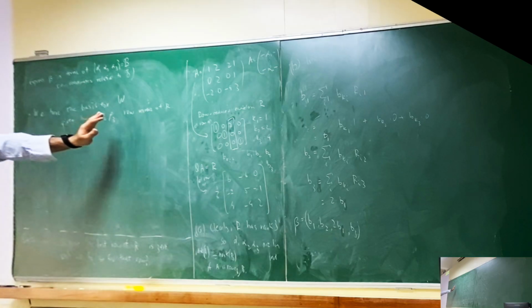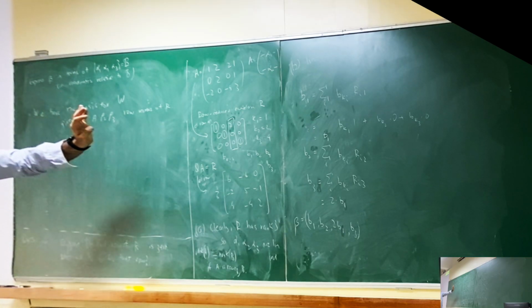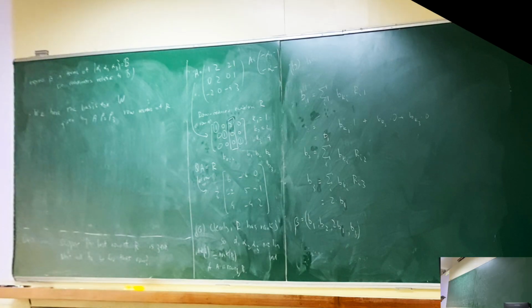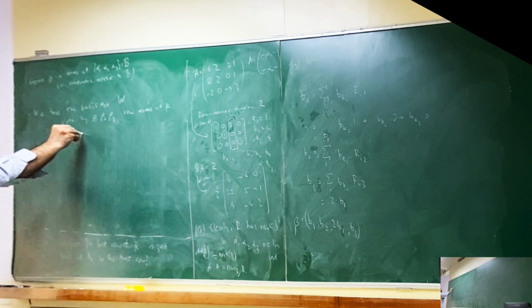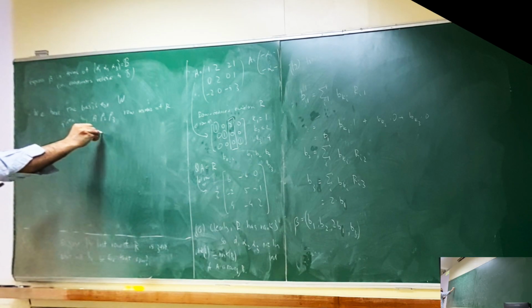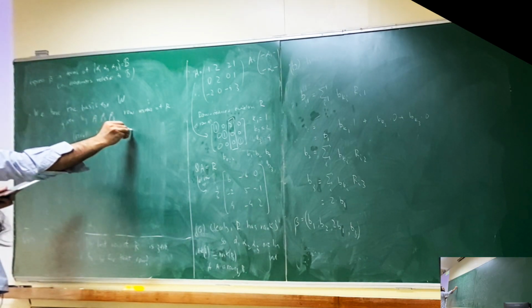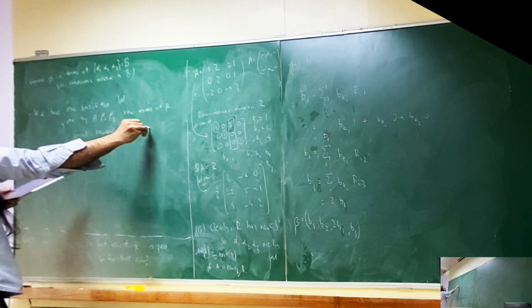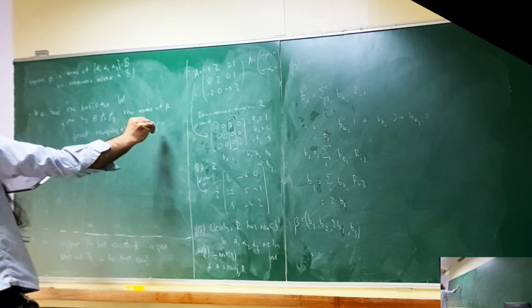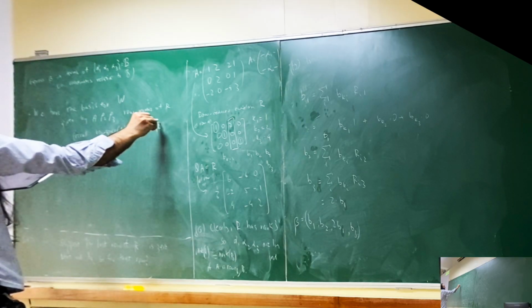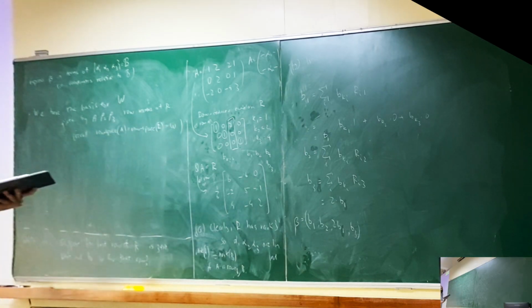The subspaces are the same, because under elementary row operations the row space remains preserved. So we recall the row space of A is the same as the row space of the reduced matrix.